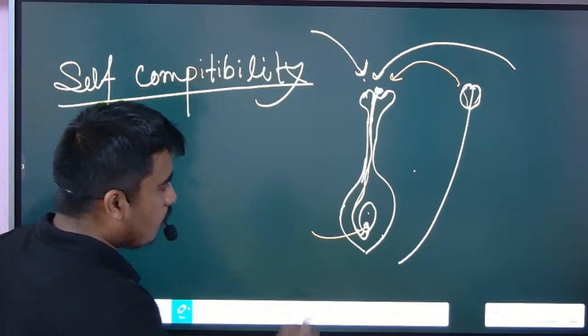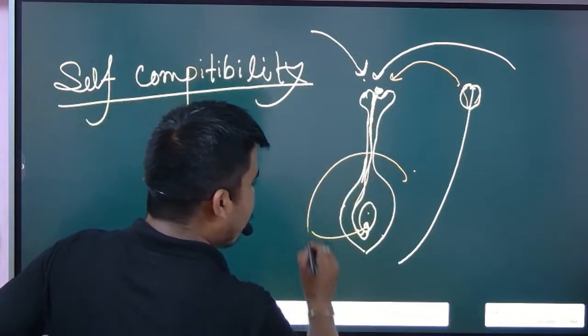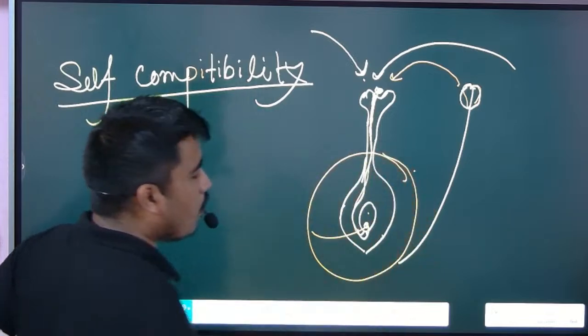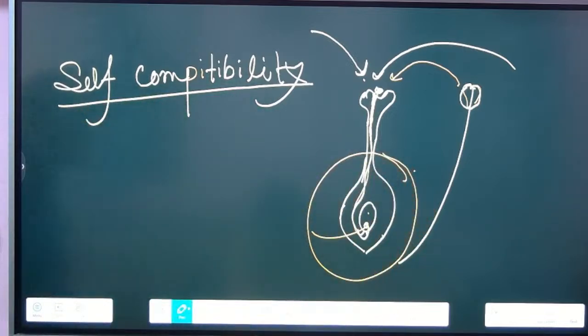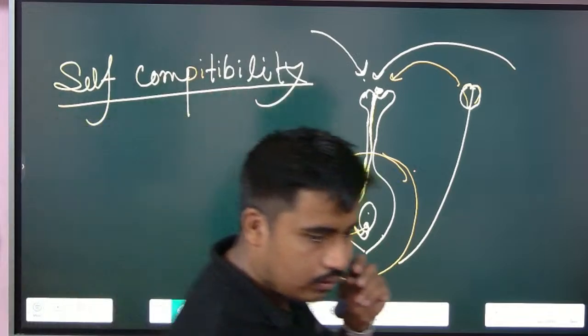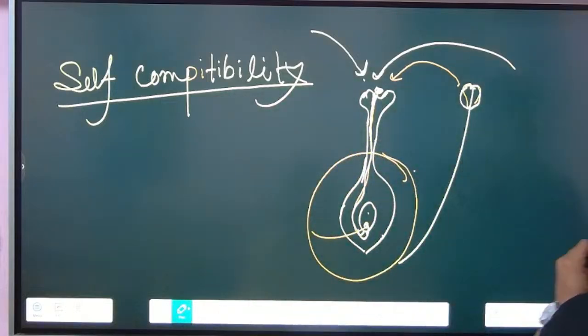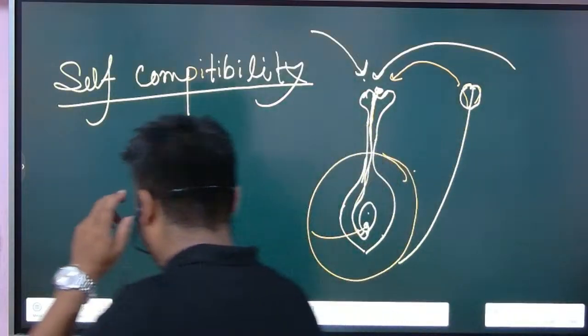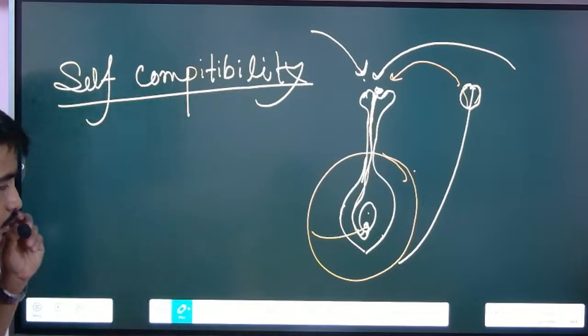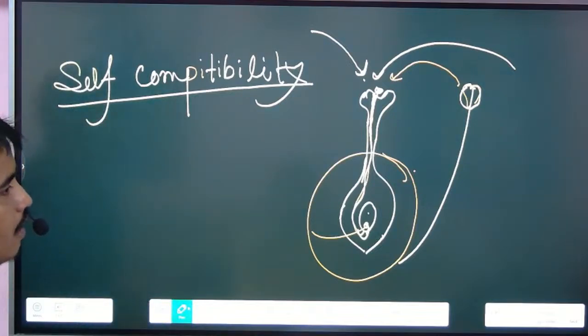Then this complete process, or the complete flower, will be discarded. So there is less chance of getting fruits, which can be a big issue for farming and for creating fruits in the forest. So that is why self-compatibility matters.